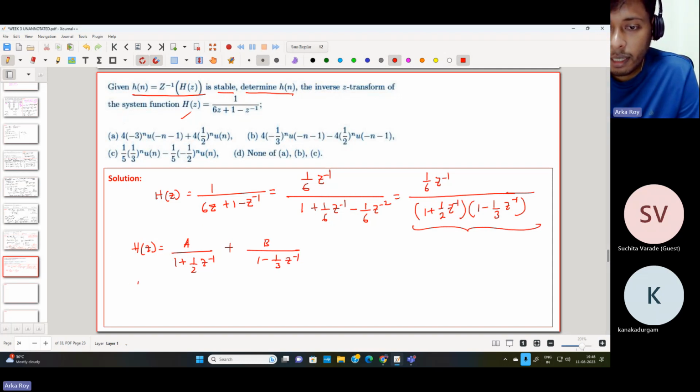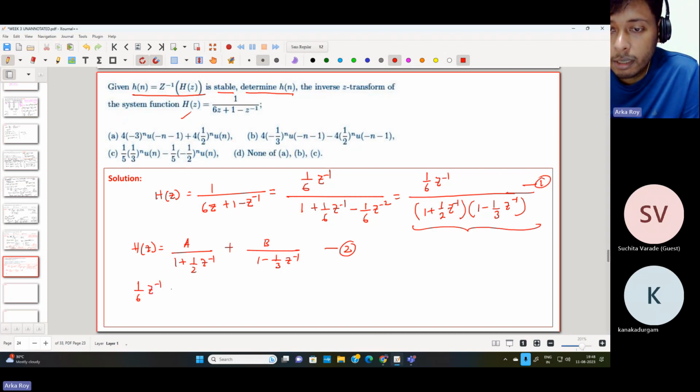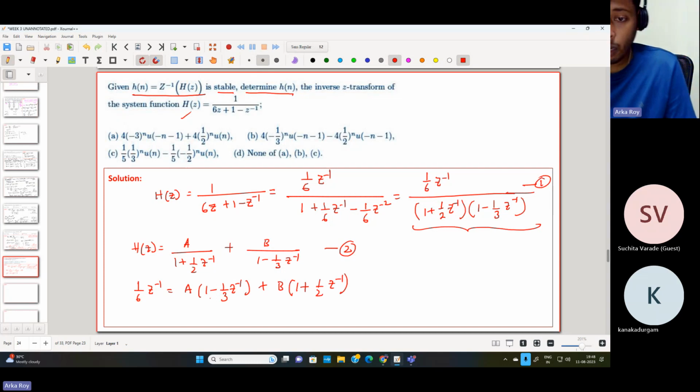Now I can write that from equation 2 and equation 1, 1 by 6 z inverse will be A into 1 minus 1 upon 3 z inverse plus B multiplied with 1 plus 1 upon 2 z inverse. Now we need to find the value of A and the value of B.